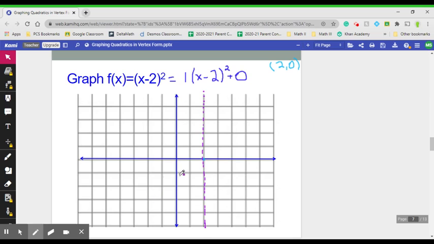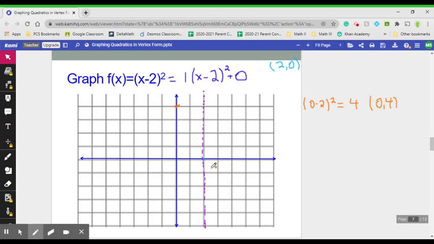So now from here, we want to think about how to graph some more of the points. Like I mentioned earlier, finding a y-intercept would be a good idea to start with. So we could put in (0 - 2) squared, and that would give us an answer of 4. And so that means that we have (0, 4) as our first point, right up here.